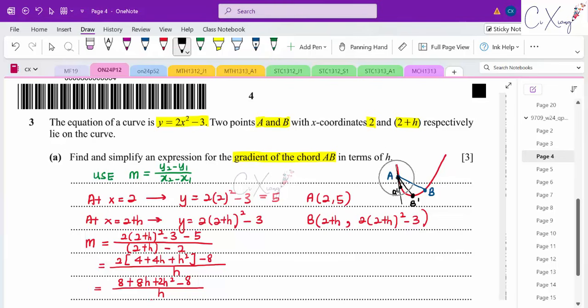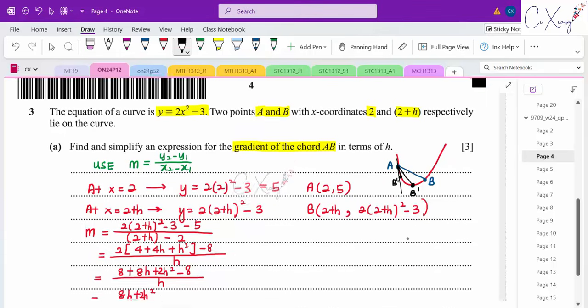If I want to make sure that B is very close to A, then I will need to fix h to be very close to 0. If h is very close to 0, then eventually I will get the gradient of the curve at point A, because they are very, very close. Alright, so I hope that you understand the explanation here.